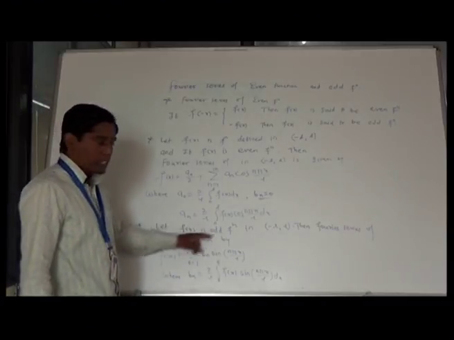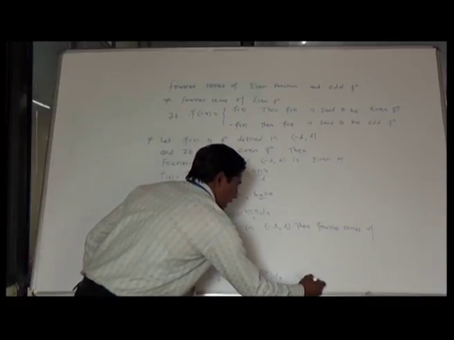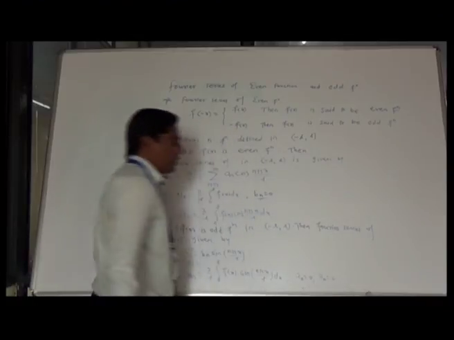For odd function, the values of a0 and an are equal to 0.